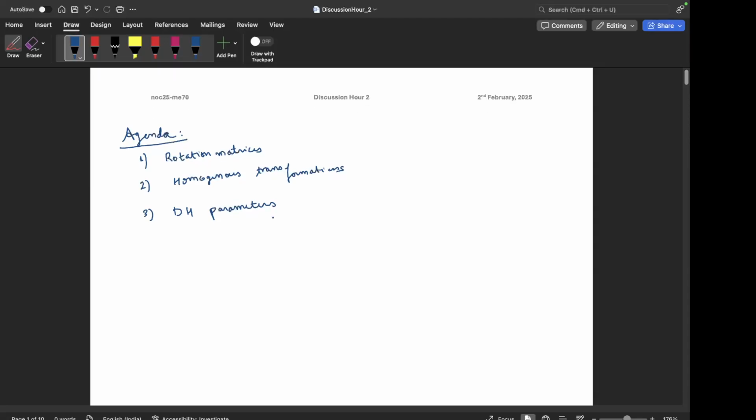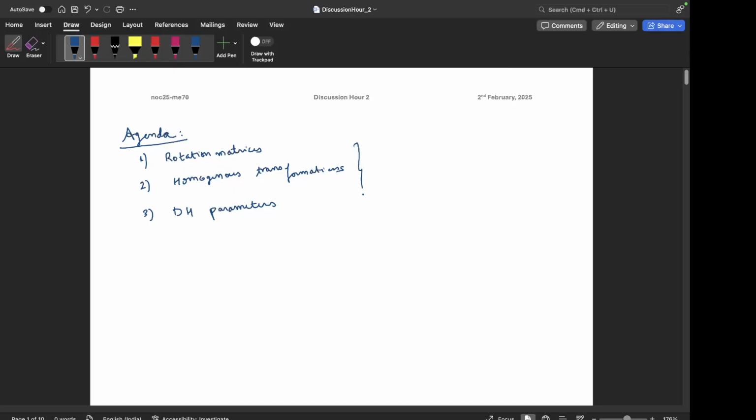Basically, knowing about these three topics will help us to describe the kinematics and subsequently dynamics of these multi-linked robots that we want to analyze.